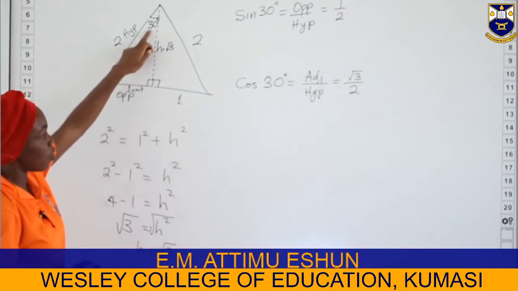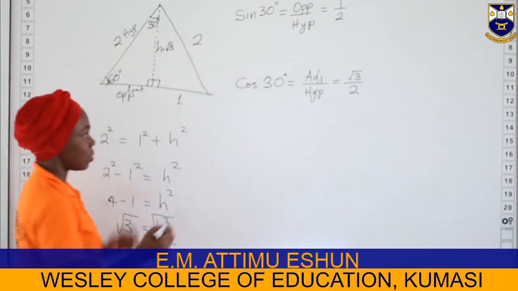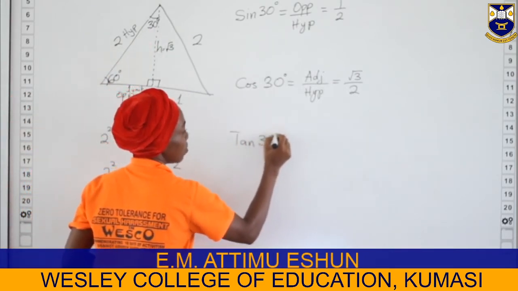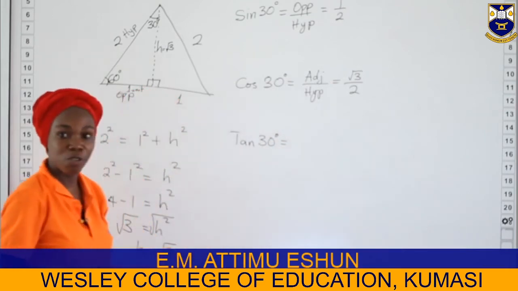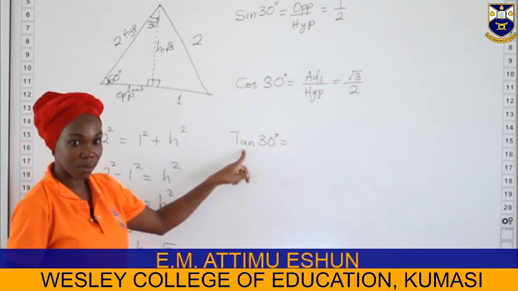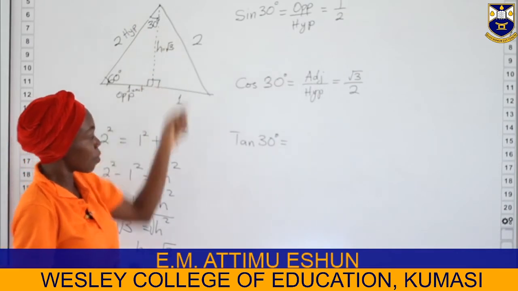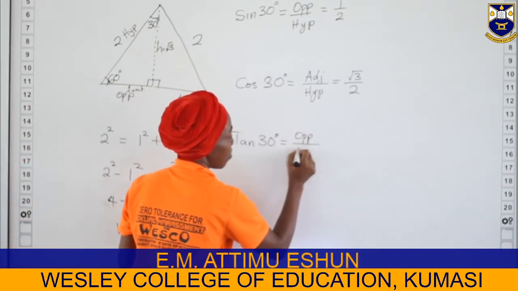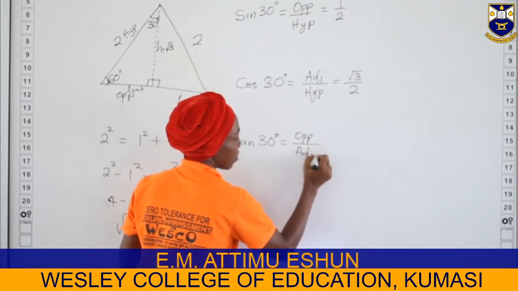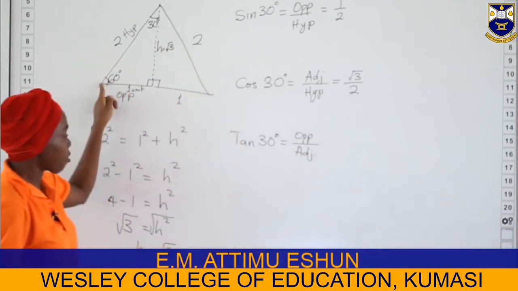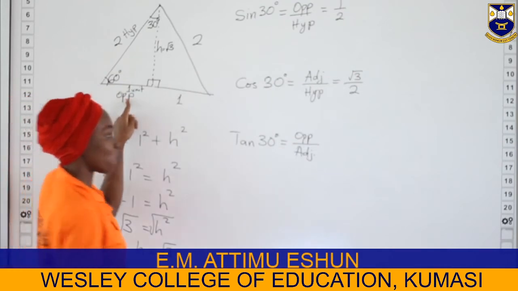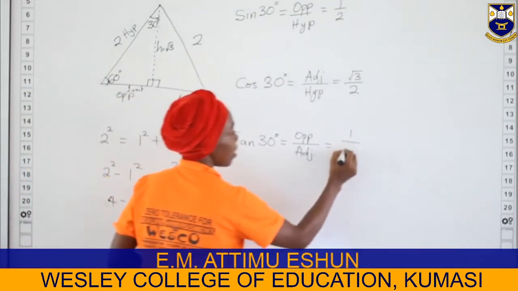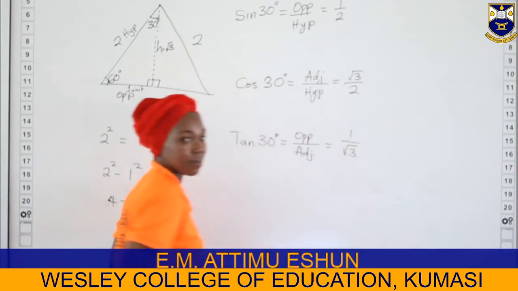And finally, with the angle 30, we can have tan 30 degrees. What is the ratio for tan 30 degrees? The ratio will be opposite divided by adjacent. From our diagram, our opposite side is 1 unit and our adjacent side is √3.